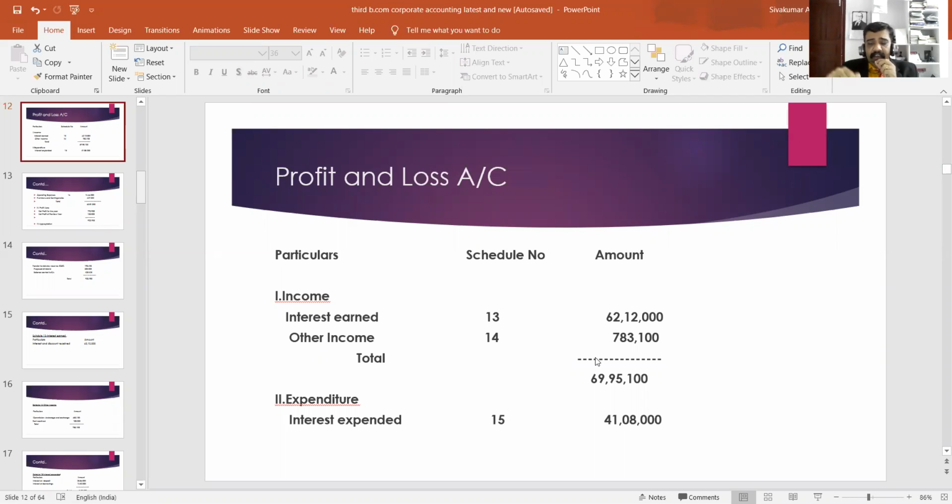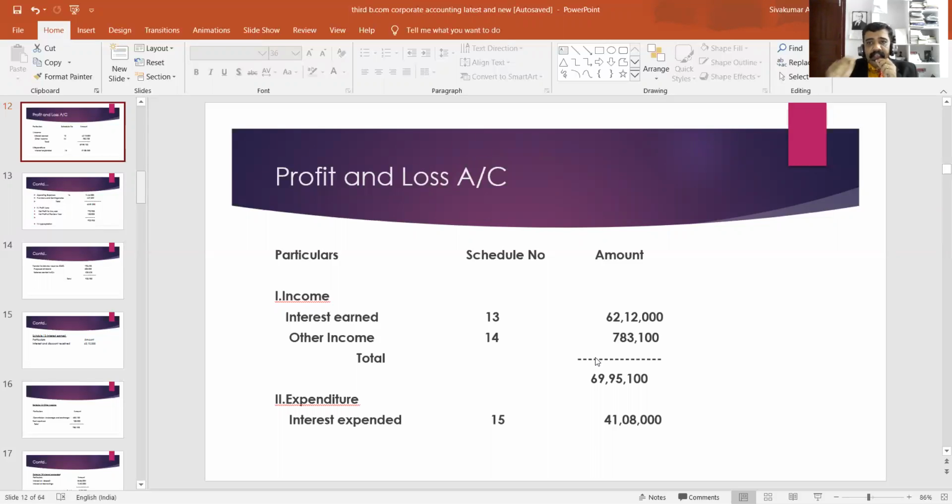In India, a commercial bank need not follow Ind AS or IAS. Each and every commercial bank in India has to follow only AS. In India, AS for commercial banks or banking companies means the Banking Regulation Act.